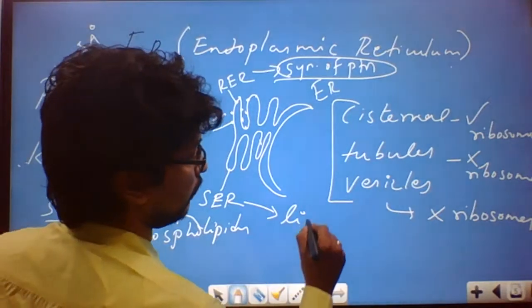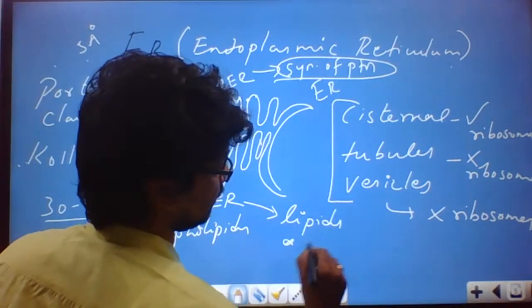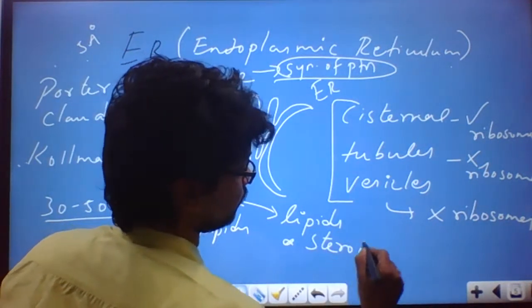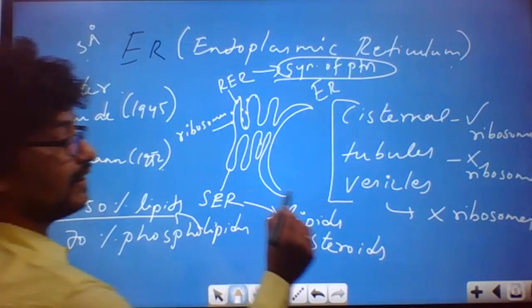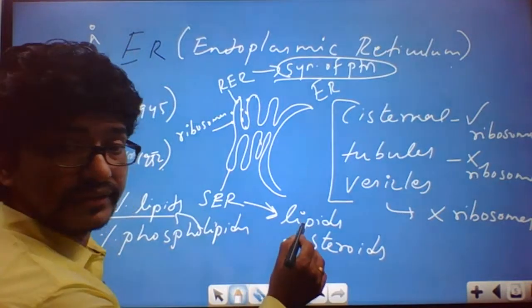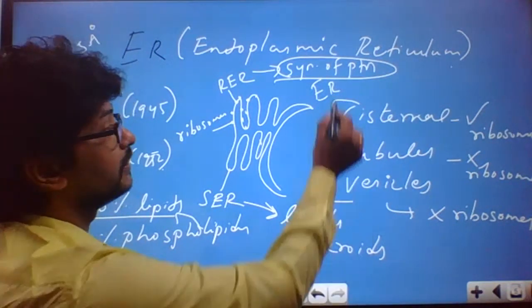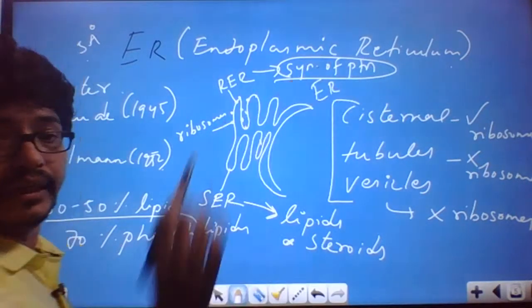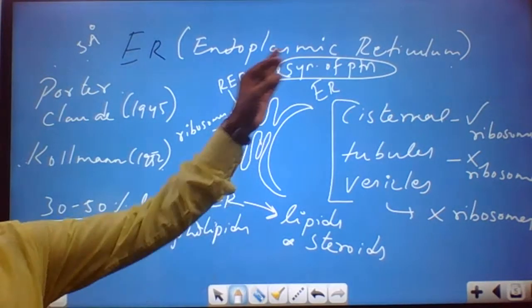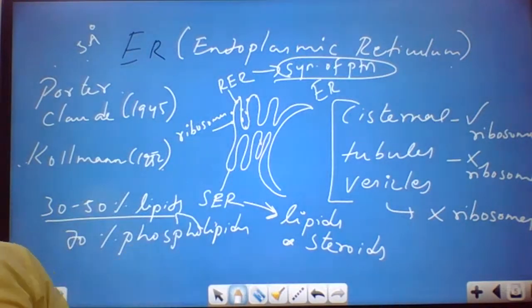What are the main functions of SER? SER is responsible for synthesis of lipids and steroids. Coming to the rough endoplasmic reticulum, this plays an important role in synthesis of protein. In this way you can differentiate RER and SER.